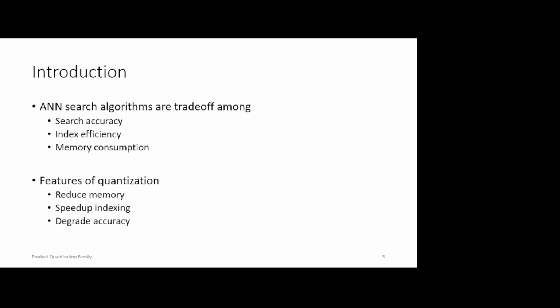Among these issues, quantization is a very important technique that can help your ANN search algorithm. If you apply quantization, it has some features. First, it can reduce your memory consumption. You can regard quantization as a kind of compression. You compress your data, so your memory is reduced, and it also speeds up your index, because everything is compressed.